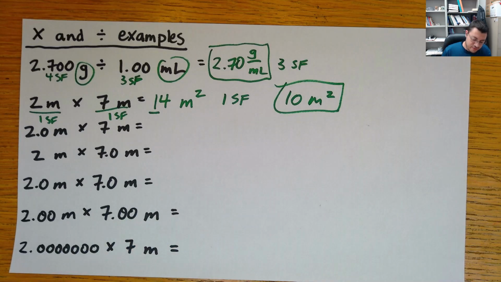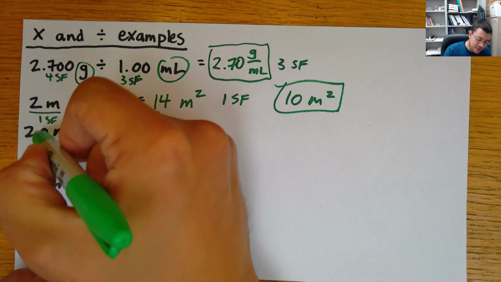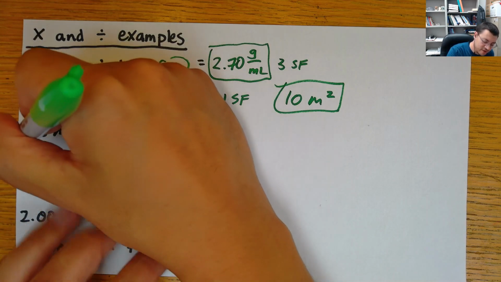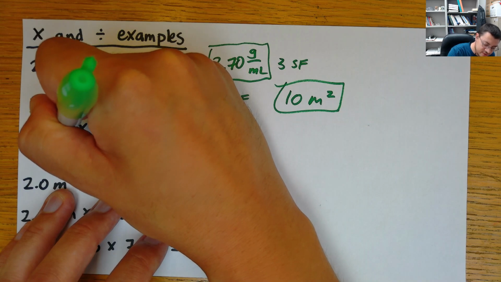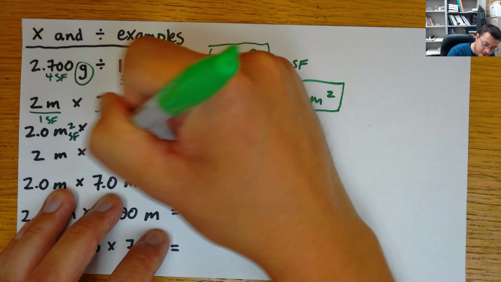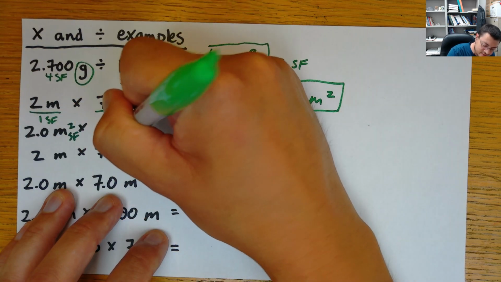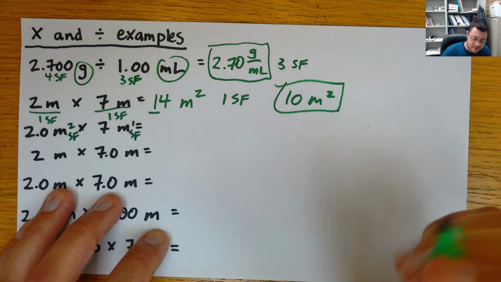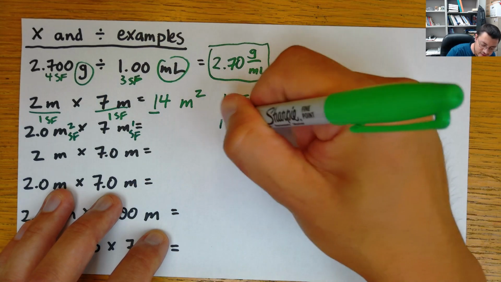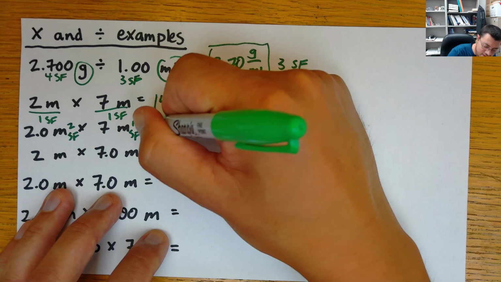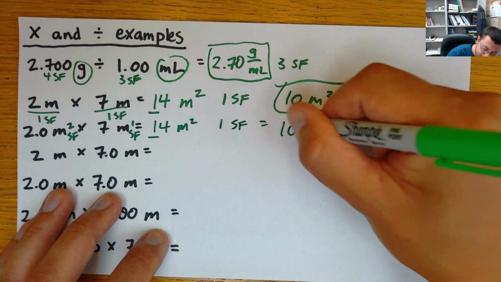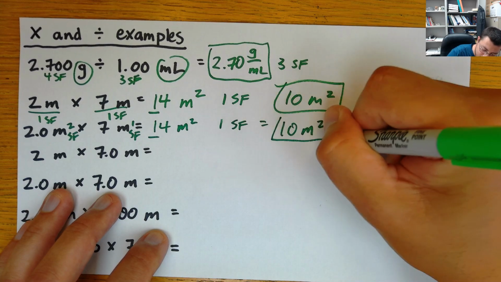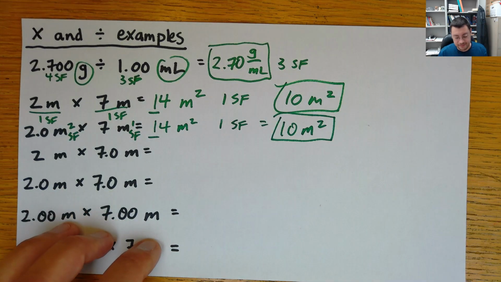All right, so you say we gotta do better. Let's increase the precision on one of the measurements. So here, 2.0, this is 2 sig figs. And 7 meters, well, that's just still 1 sig fig, which means we still just need a 1 sig fig answer. So that didn't solve anything for us. And we're stuck with that.